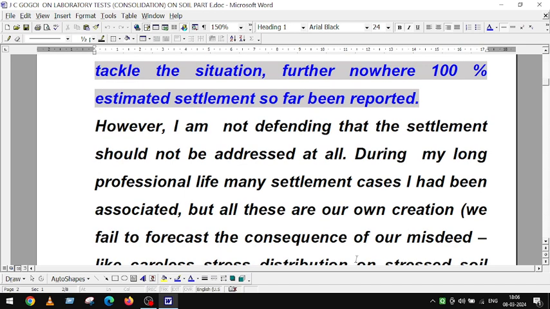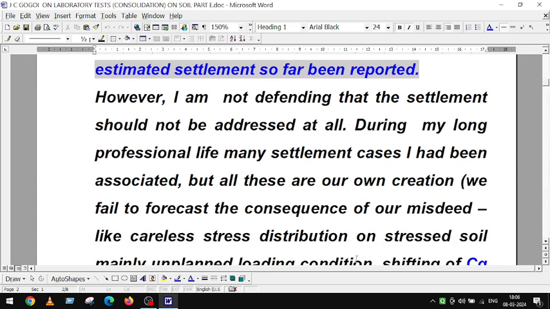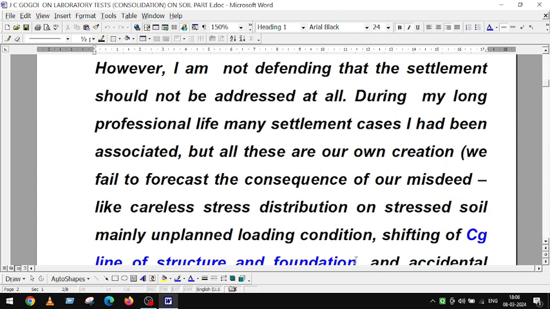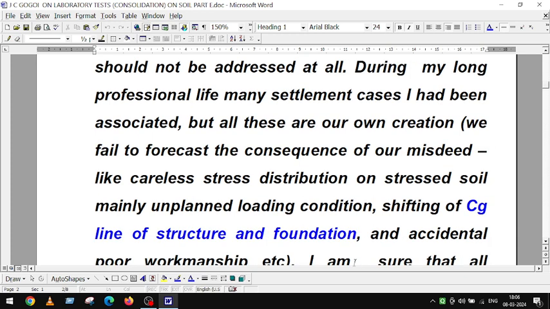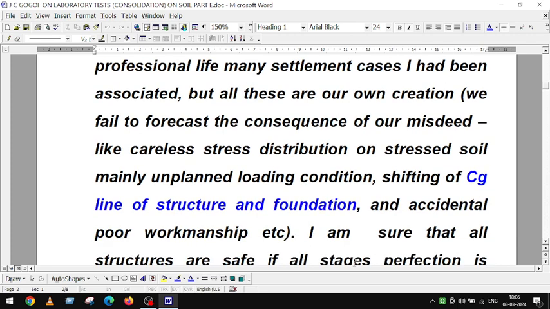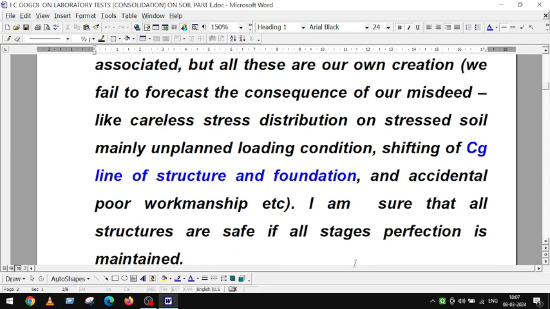We fail to forecast the consequences of our misdeeds like careless stress distribution, many unplanned loading conditions, shifting of the CG line of structure and foundation, and accidental poor workmanship, etc. I am sure that all structures are safe if perfection is maintained at all stages.